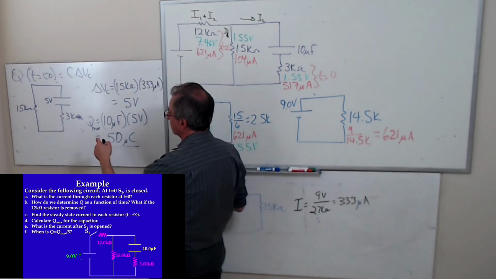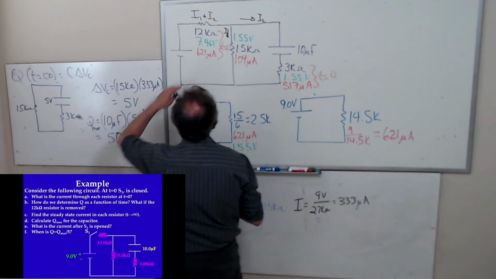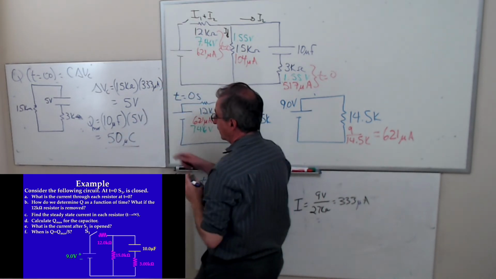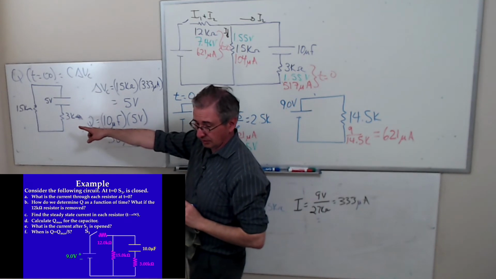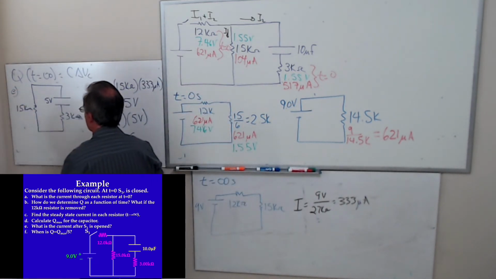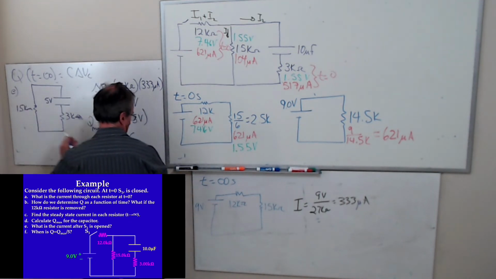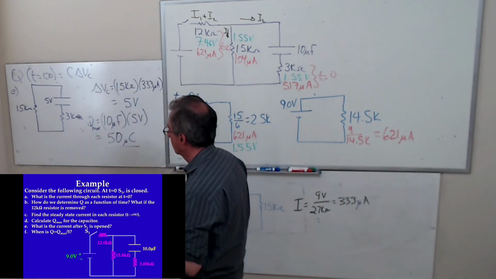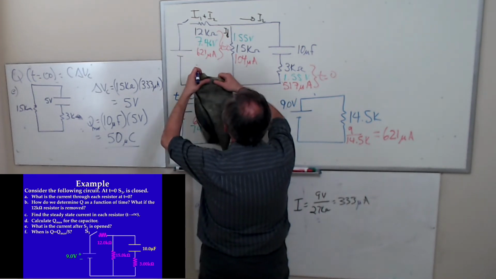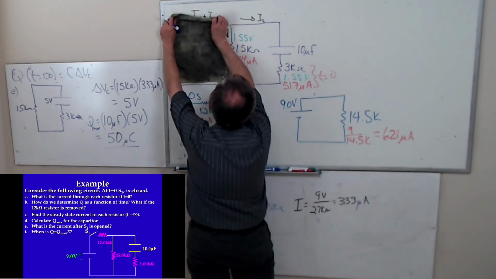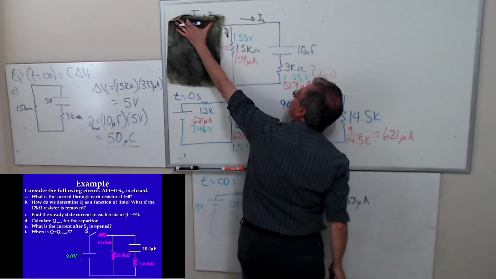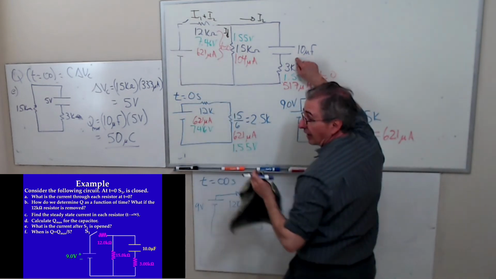What is the current when I open the switch like that? Basically, I have that circuit. So this is part E. Right? If I open the switch, I had that circuit where the capacitor is at 5 volts.